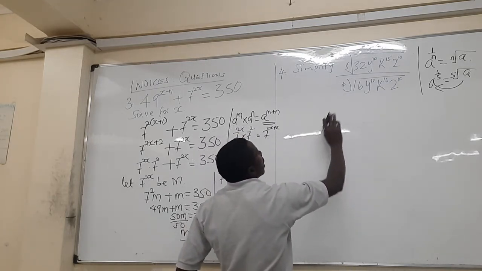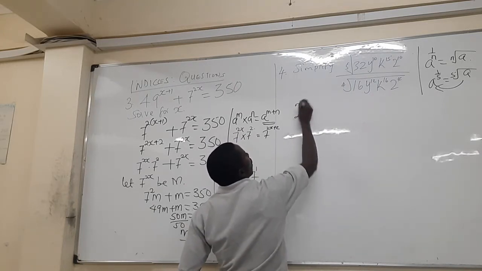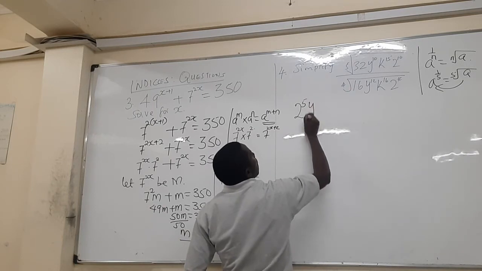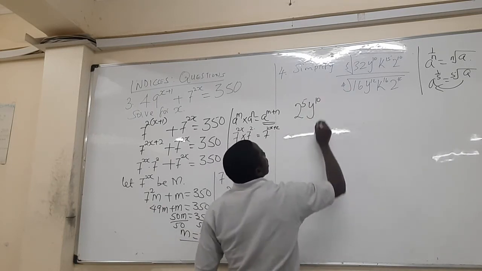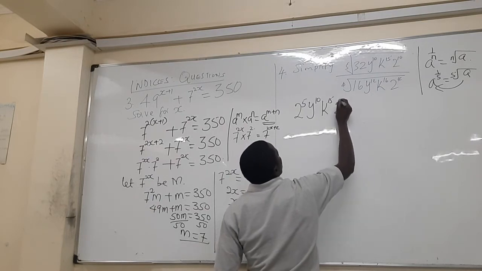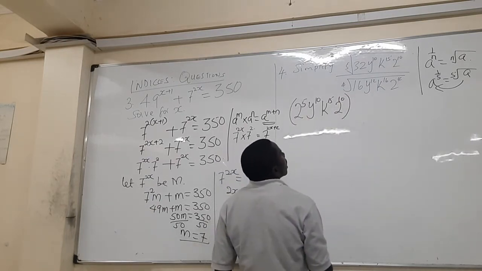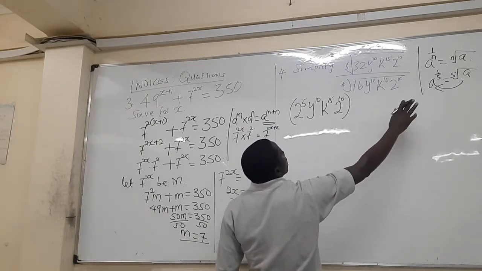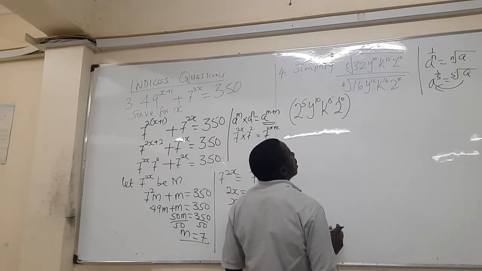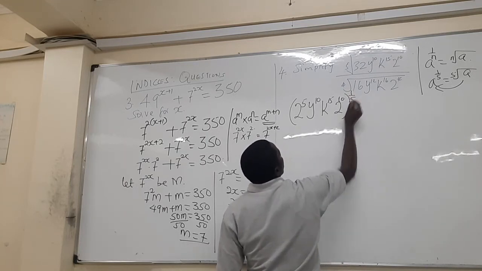So that 2 there, of course, that is 2 power 5. Then y power 10 and k power 15, and then another 2 power 10, everything in brackets. I changed the fifth root, I write it into index form, and this is going to be 1 over 5.